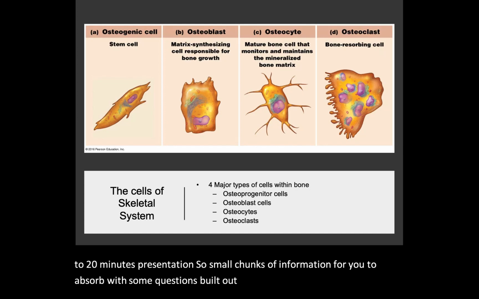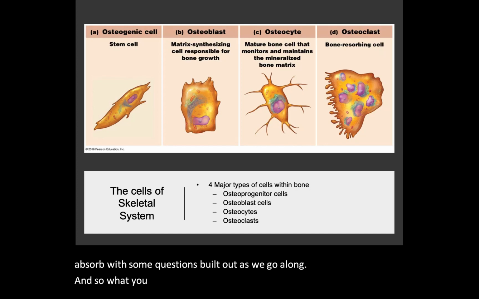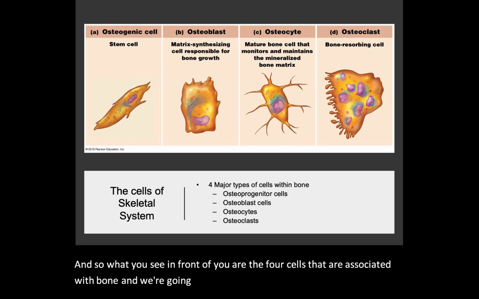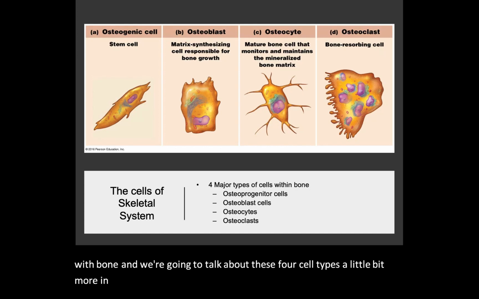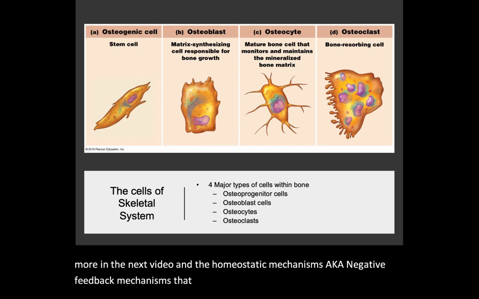What you see in front of you are the 4 cells that are associated with bone. And we're going to talk about these 4 cell types a little bit more in the next video, and the homeostatic mechanisms, aka negative feedback mechanisms, that regulate when these 4 cell types are functioning.